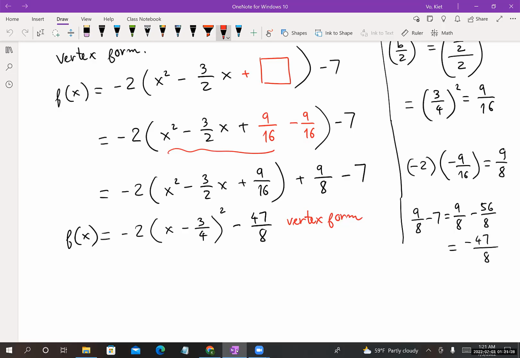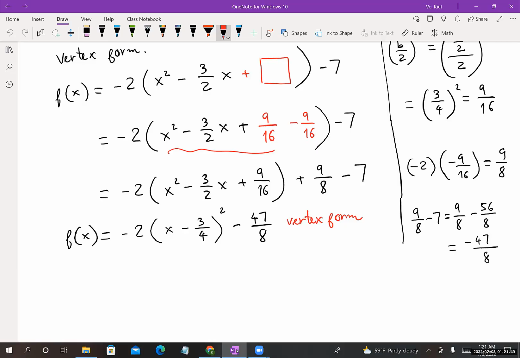Okay. Here the question is not about finding the vertex. The question is to check whether you are able to convert between the different forms of the quadratic function, the general form ax squared plus bx plus c, and then convert it into the vertex form, okay, and vice versa.